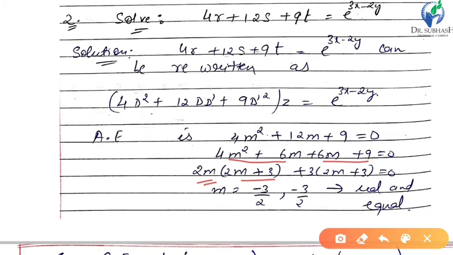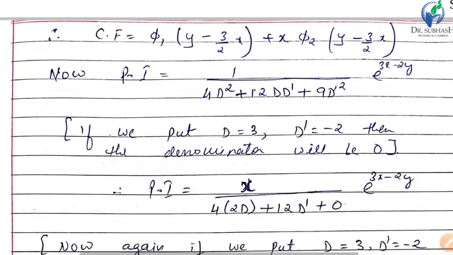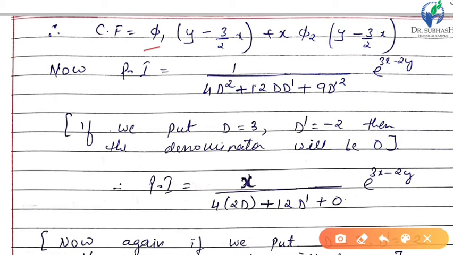From the second portion we take common 3, leaving 2m plus 3. From the whole expression we take common 2m plus 3, so we get m equal to minus 3 by 2, minus 3 by 2, which is again real and equal. So our CF will be phi 1 of (y minus 3 by 2 x) plus x times phi 2 of (y minus 3 by 2 x).